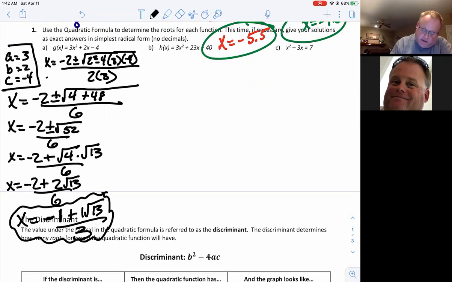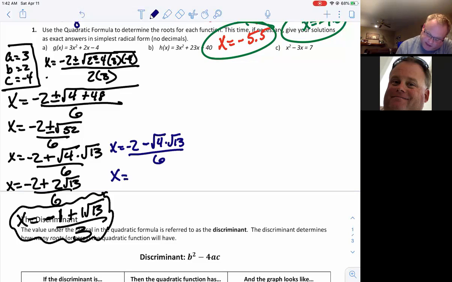Now, let's look at the other one, and I'll do it in a different color. So the other one is going to be x equals negative 2 minus the square root of 4 times the square root of 13. And I'm literally just picking up right next to it, right? Because I already know that the square root of 52 breaks down into 4 times 13, and that's all over 6.